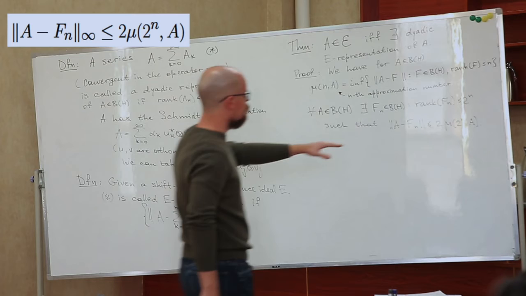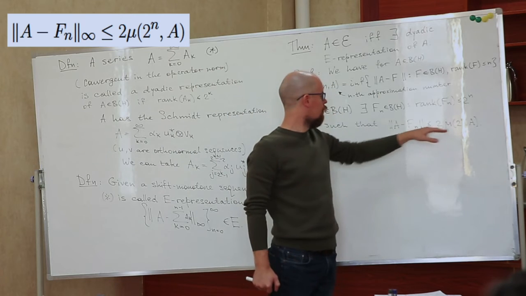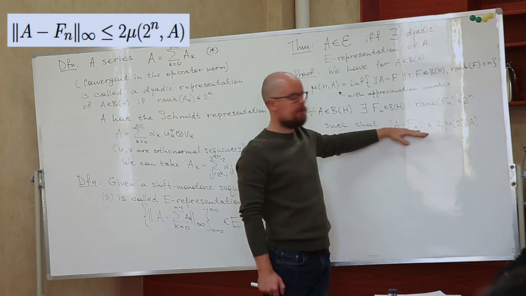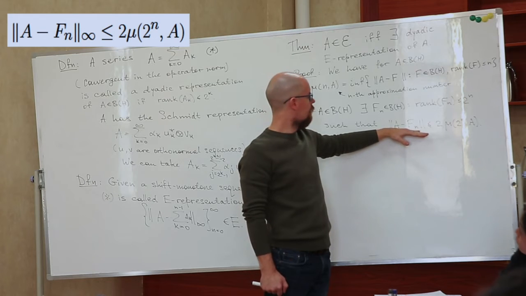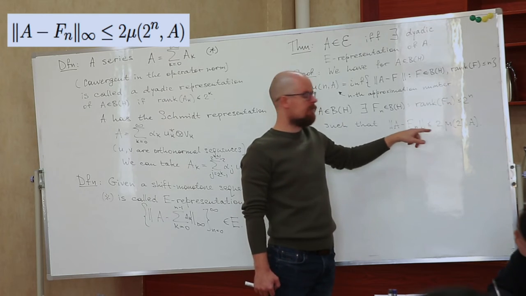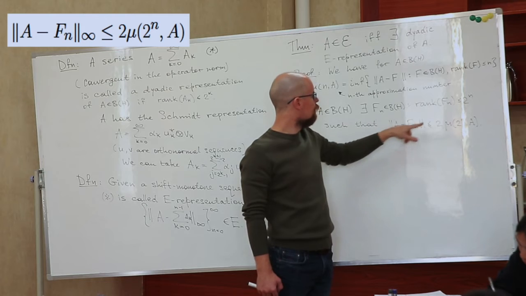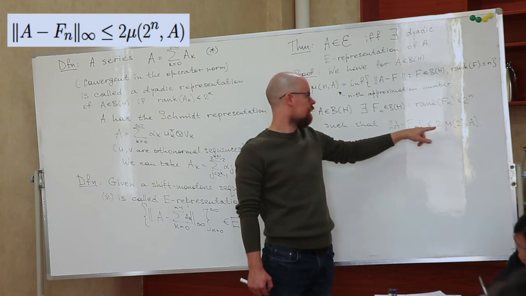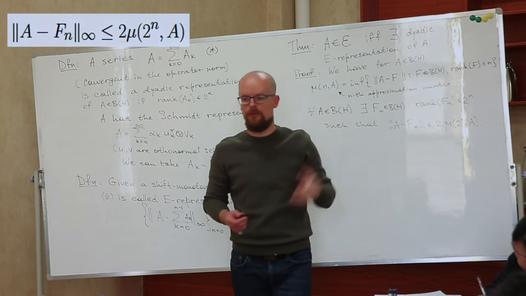In fact, mu at the point 2 to the power of n is the infimum of this expression over all F satisfying this condition. So we can find F_n which is quite close to mu. If we multiply mu by 2, we will definitely get this.